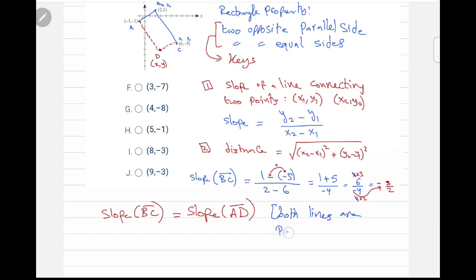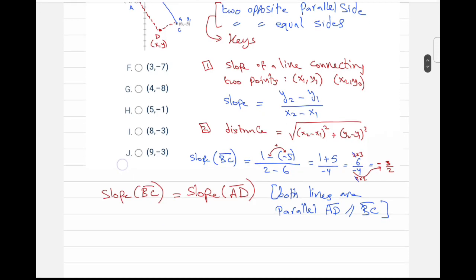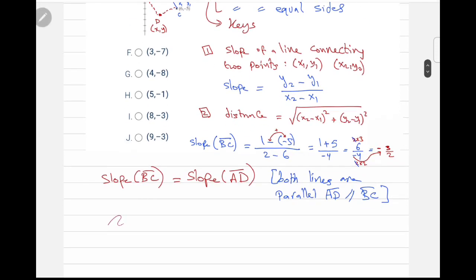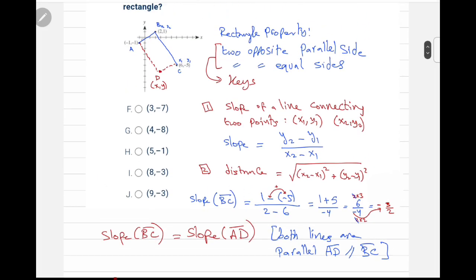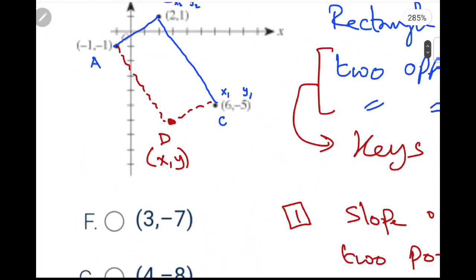And that's the definition of parallel lines, that they have the same slope. Now the slope of BC, we already found it, which is minus 3 over 2, equal to the slope of AD.